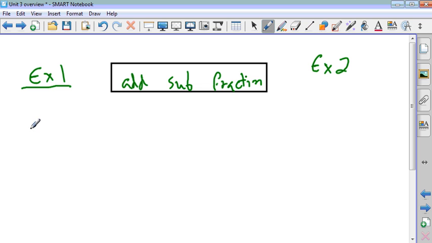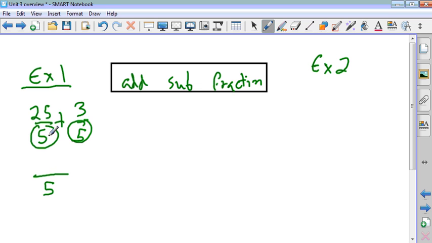Example 1, we're going to use this number, and it's going to be 5 on the bottom. And what I'm going to have on top is 25 and 3. Because the downstairs, which are denominators, they match, I can show my work like this.